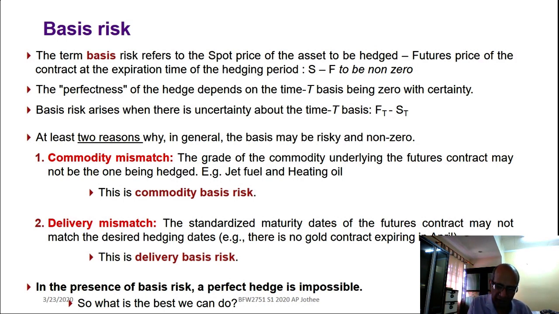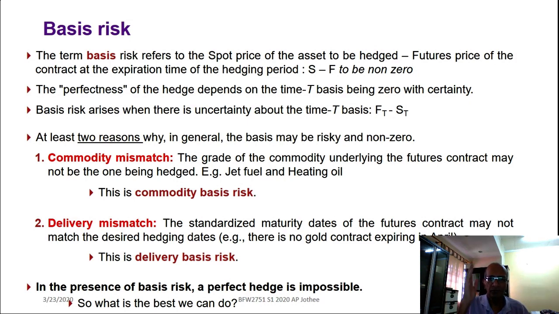So at the expiration time, let's say we are using June expiry futures. For the June expiry futures, I want to buy or sell the physical gold, but I'm using futures price to hedge.